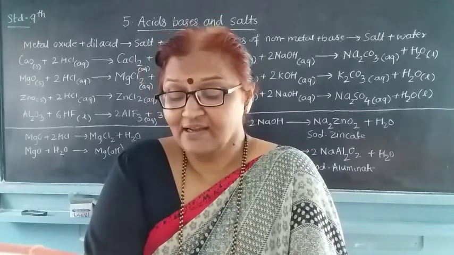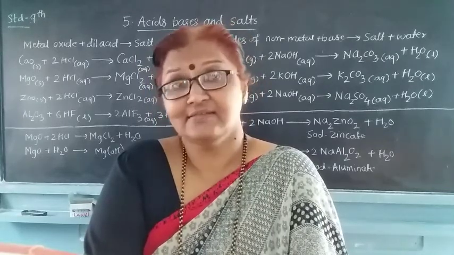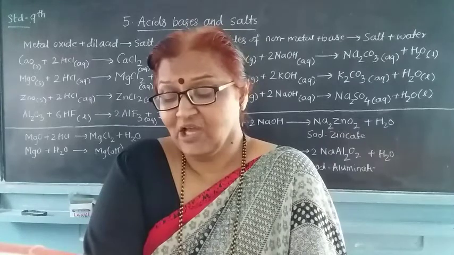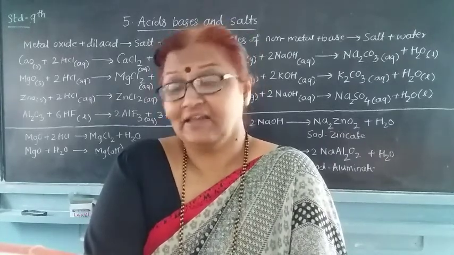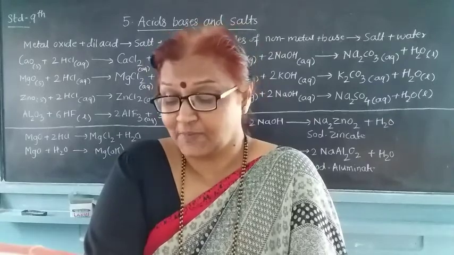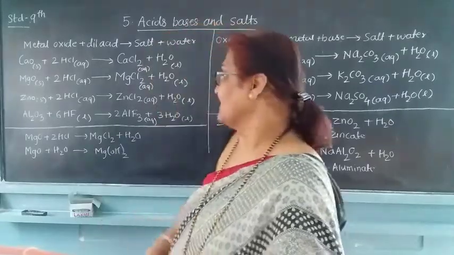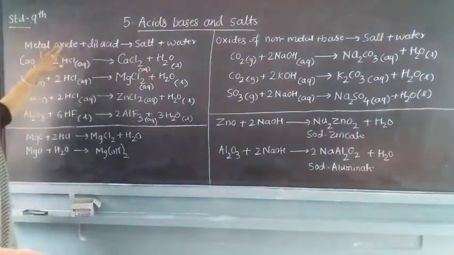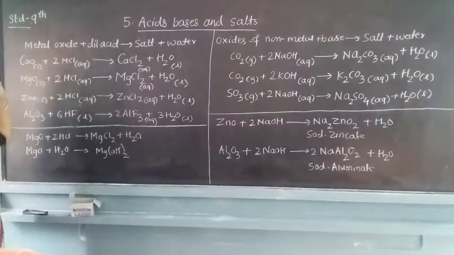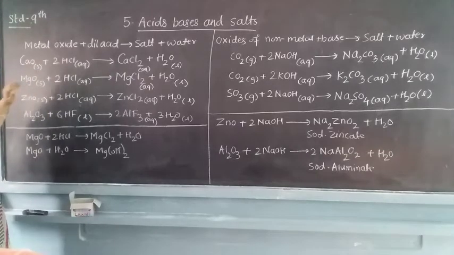Now see further, complete the following reactions. Metal oxide plus dilute acid, when they react with each other, give salt plus water. Here I have given some reactions which tell that a metal oxide when it reacts with a dilute acid gives salt and water.